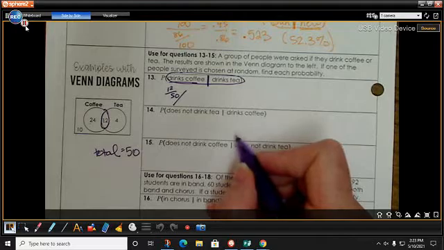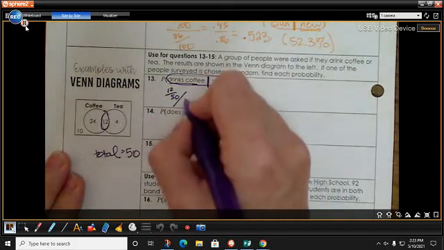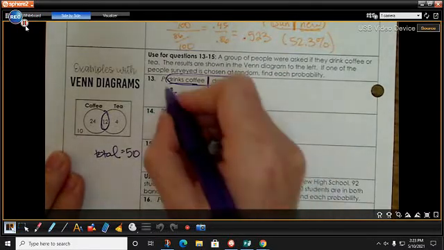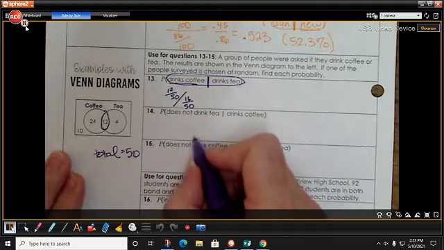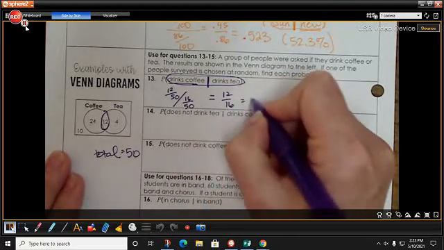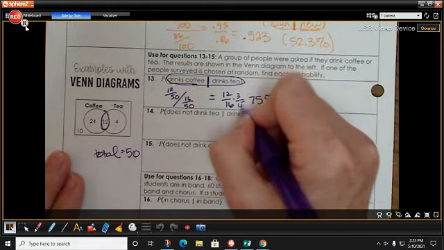Well, the probability that they drink tea is going to be 12 and 4, which is 16 out of the 50. So I've got 12 out of 50 over 16 out of 50, which comes out to be 12/16, simplifies to 75% or 3/4.